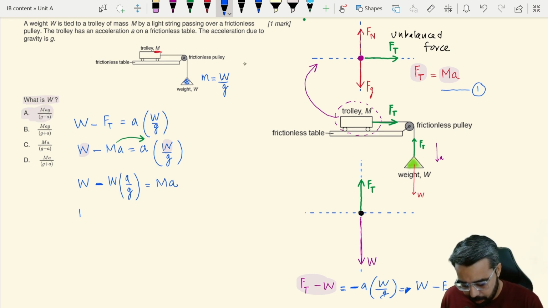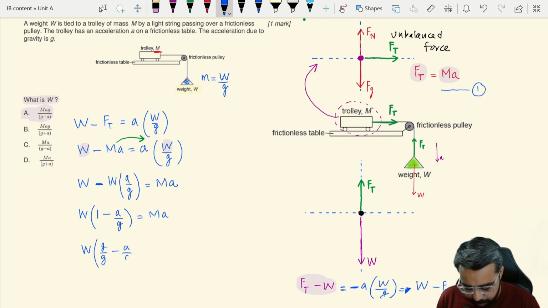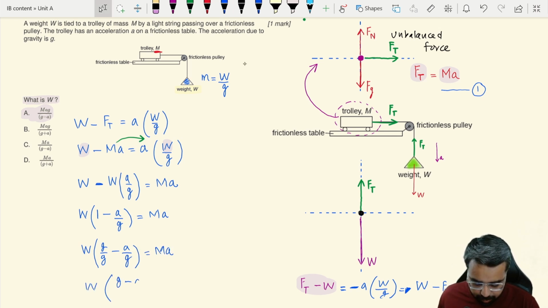We can take W out of this and we will get 1 minus A over G inside the bracket, and that is equal to MA. All right, in this question we want to find out W, so we have to move the other things to the other side of the equation. Can we write this one as G over G, and later on this will become G minus A over G is equal to MA.